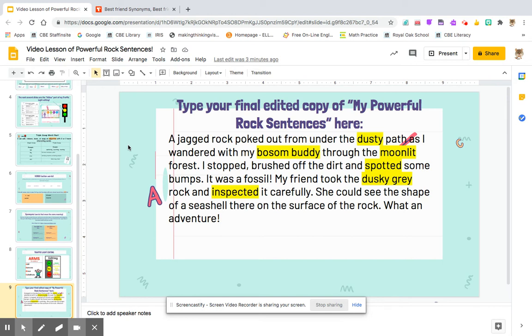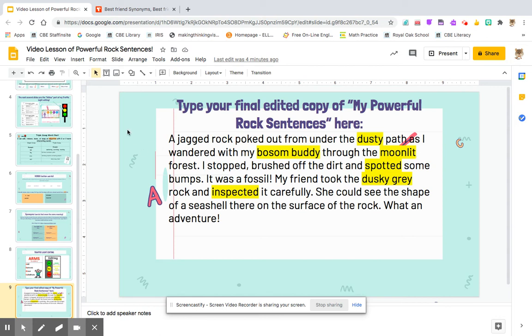I also thought that I could describe forest, and so I decided, well, when I did my five W's, I didn't have any when, so I thought I could make it an evening time, so I added the word moonlit to describe my forest. Moonlit shows that when it was happening, it's going to happen in the evening, and it's a nice triple scoop word that I could add in there.